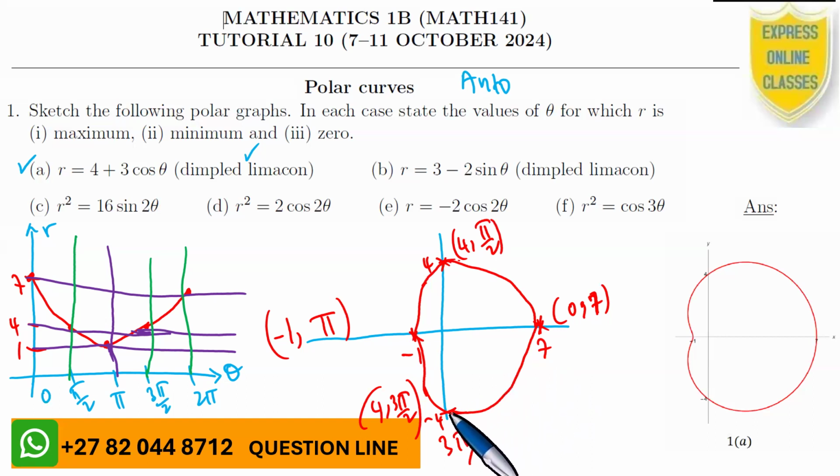And at this point, it becomes exactly a 7 at 2 pi. And the 7 at 2 pi becomes indeed a positive there. And therefore, this would be the shape.